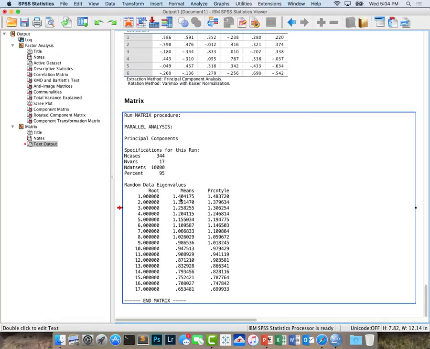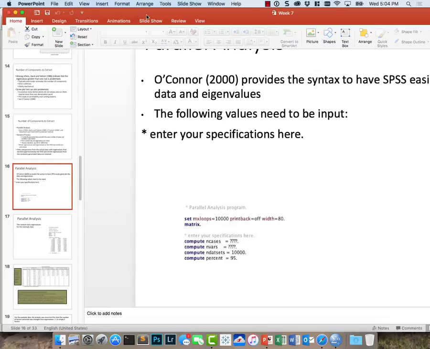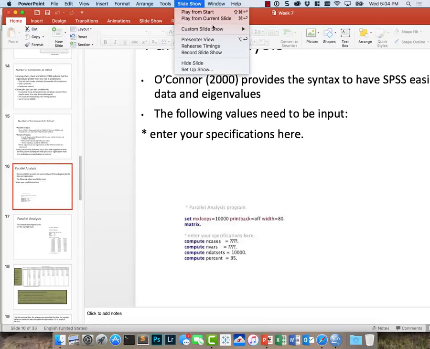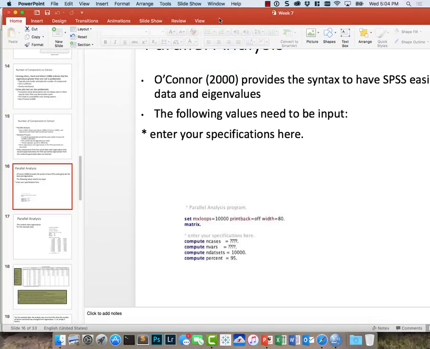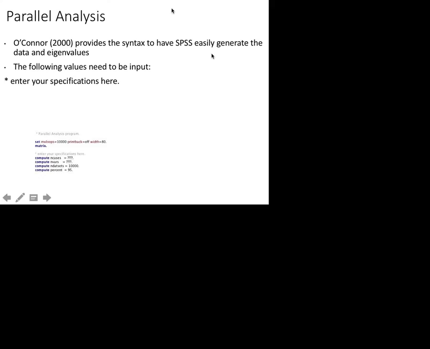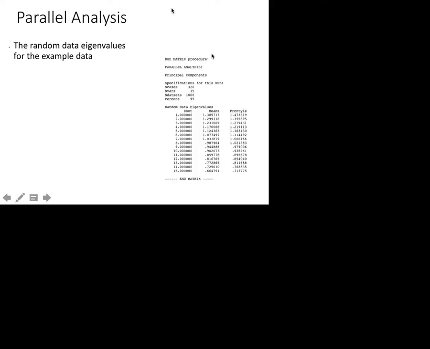And so you're going to do this analysis with your data using your inputs, of course, not the inputs that I just used here. And then we're going to actually look and interpret that output when we get to the right slide. So we have analysis that looks like this. And again, here I have 320 and 15 because I deleted a few variables. And we care most about the 95th percentile.